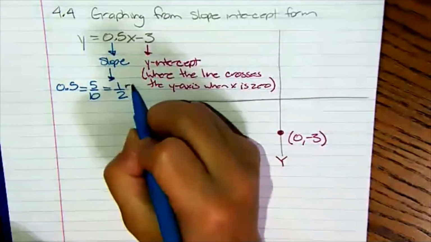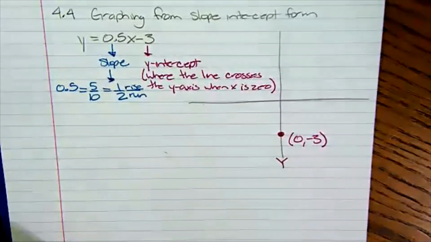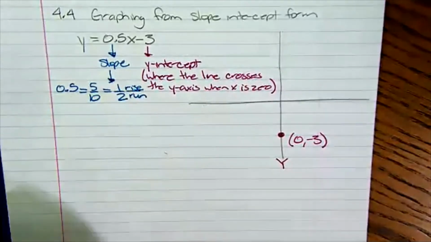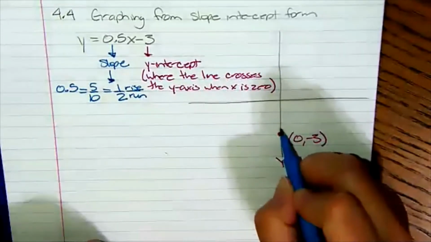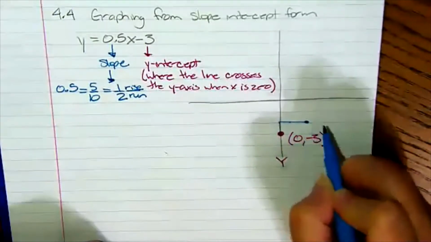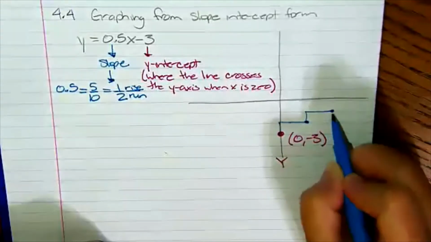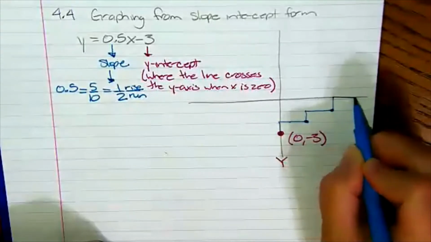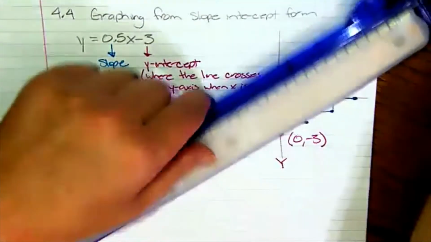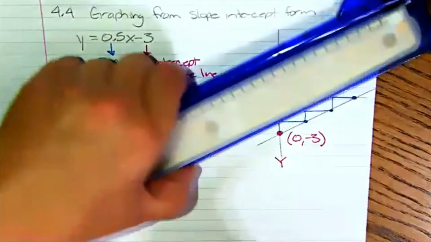And we know that this is rise over run. So my slope is 1/2, which is rise over run. So that means I'm going to go up 1 and over 2, up 1 and over 2. So I can use a straight edge to connect my points.